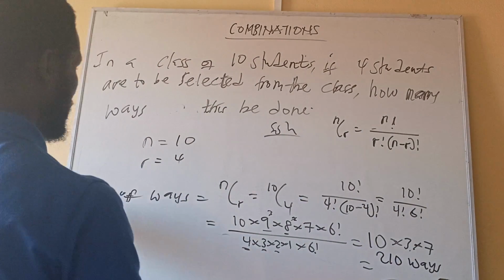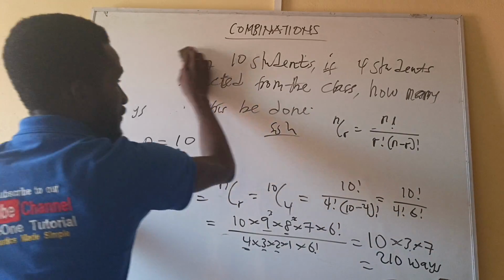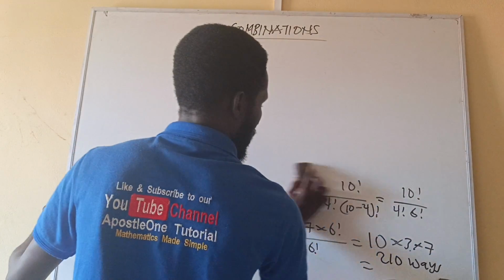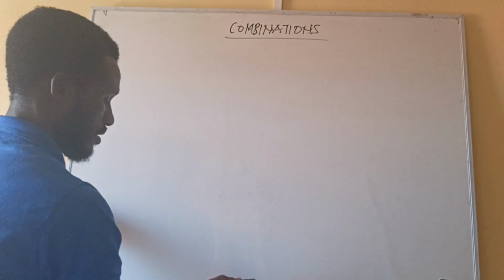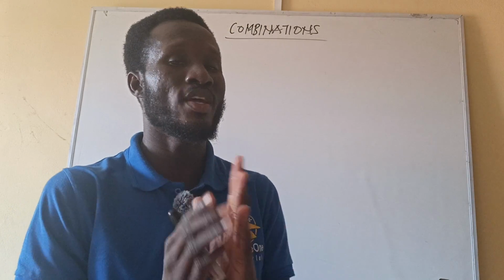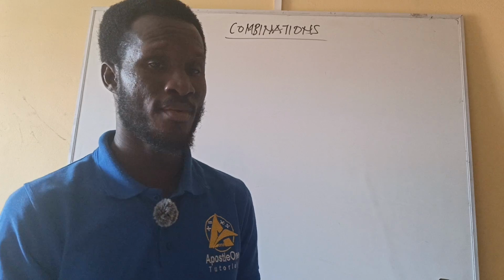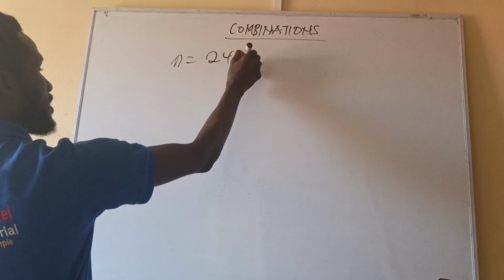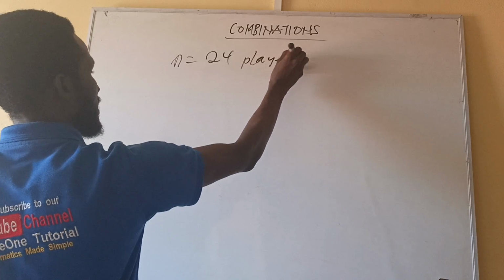Now another example is if I have a football team. You know, a football team most of the time contains how many players? It contains 20, either 24 or 25 players, you understand? So if I have a football team containing 24 players, how many players are supposed to be on the field?